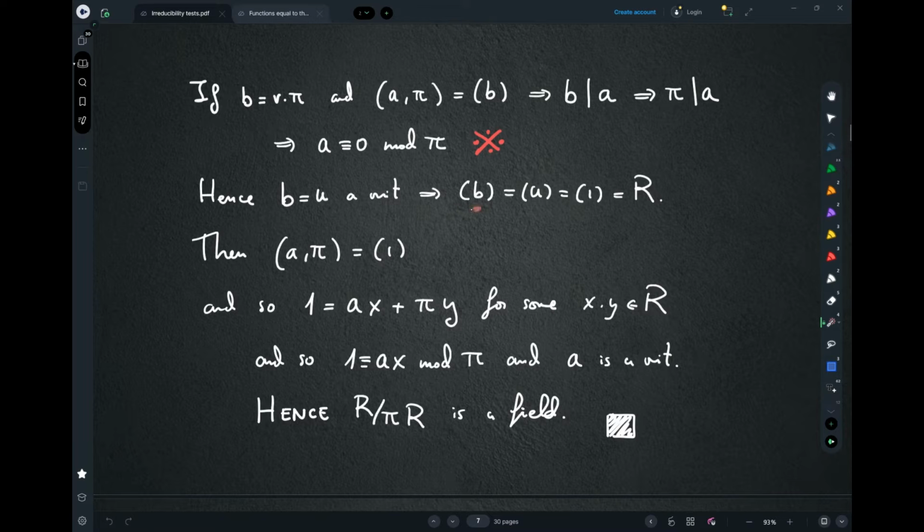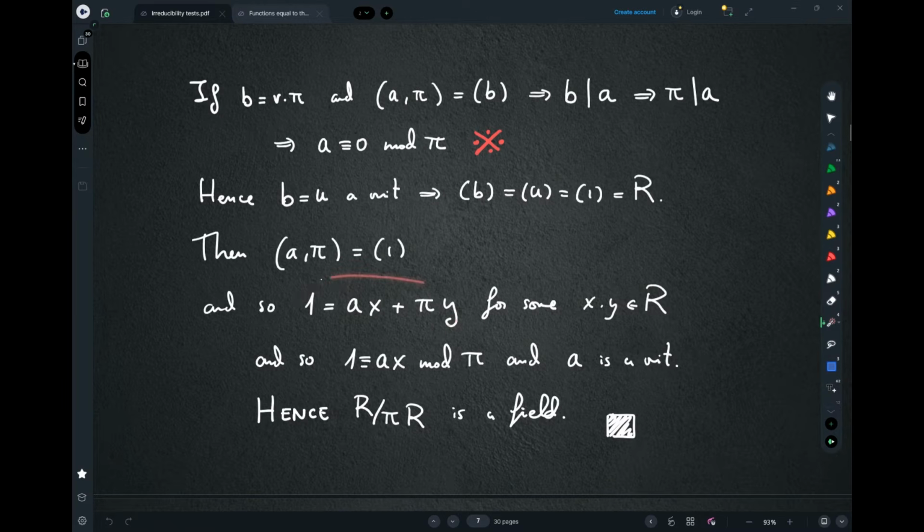But then the ideal generated by B is the ideal generated by a unit, and the ideal generated by a unit is the entire ring. And that means that the ideal generated by A and pi is the ideal generated by 1, the entire ring. But in particular, I can write 1 as a combination of A and pi for some x and y in the ring. So 1 is Ax plus pi y, and then now you can just mod out by pi.